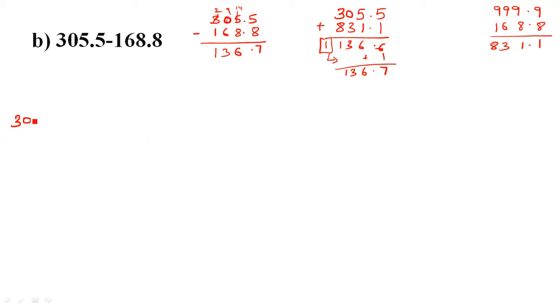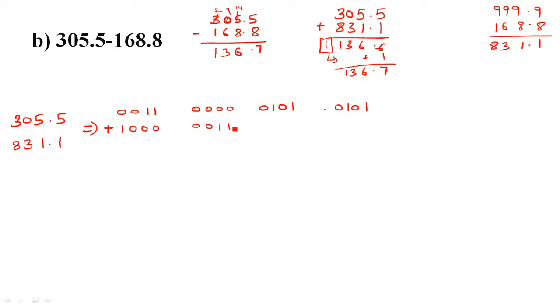So 305.5 and 831.1. We will write in BCD format. 3 in BCD code is 0011. 0 is 0000. 5 is 0101. Then 8, we are going to add this. 8 is 1000. 3 is 0011.